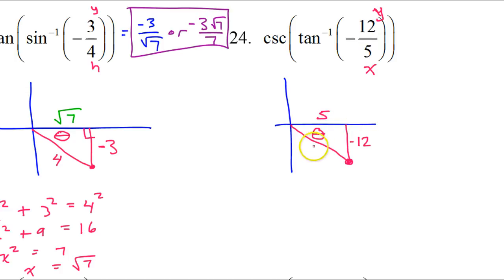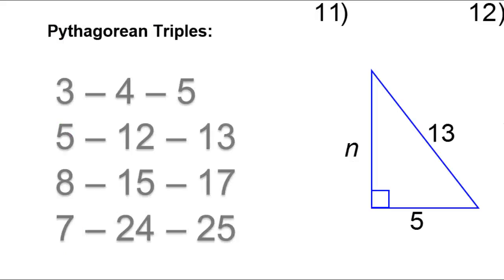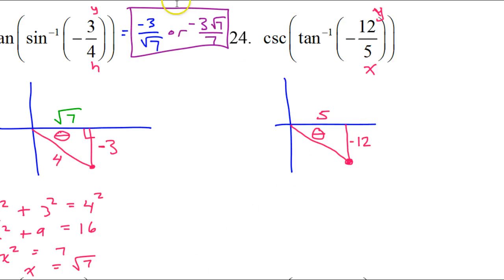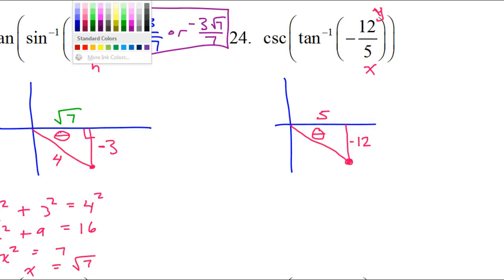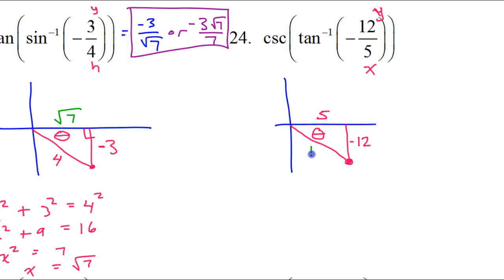Now, I need to know what the hypotenuse is. This is one of my Pythagorean triples, right? 5, 12, 13. So if I know that the legs are 5 and 12, the hypotenuse will be 13. You could feel free to do the Pythagorean theorem if you want, but you'll get 13 for the answer.